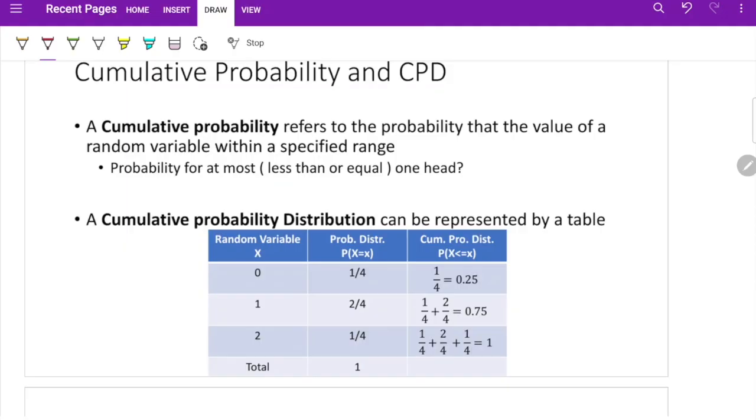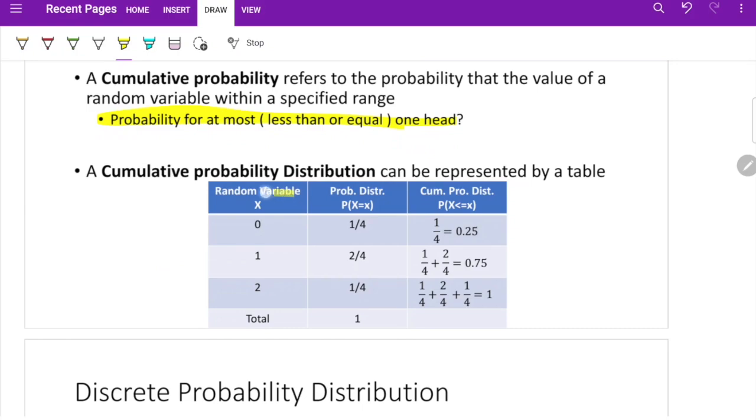Also, we can do the cumulative probability. What is it? It's the probability that the value of the random variable is within a specific range, like when we use the words, the probability for at most 1 head. And we can use the table again to compute the cumulative probability distribution. So this is the random variable. We use the same example, number of heads 0, 1, 2.